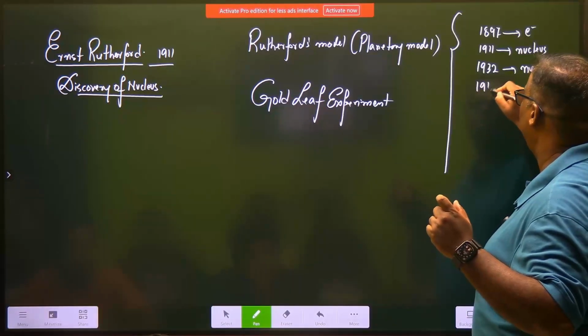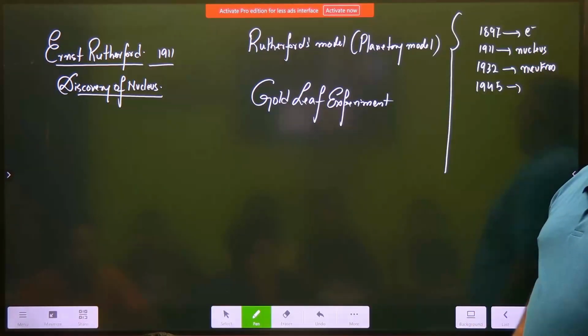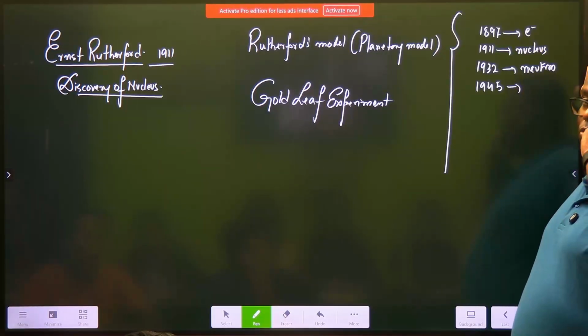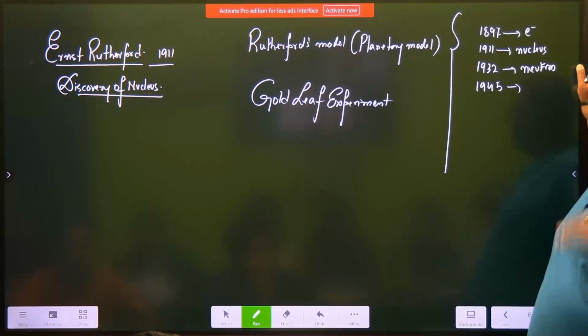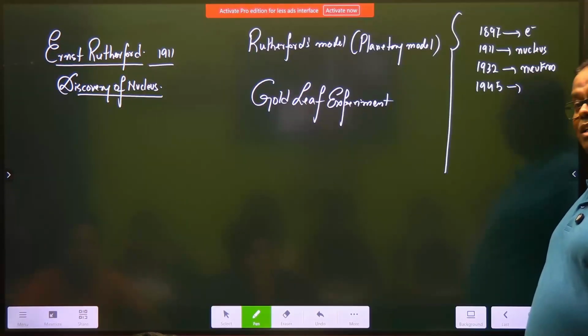In 1945, Hiroshima and Nagasaki were bombed by the atom bomb, which is done by high-speed neutrons only. The same neutrons will bomb a plutonium isotope. So just see the advancement. In 1911, you just got to know about the nucleus, and by 1945, you had bombed two cities using the same atomic power. The world was on a crazy race at that time.